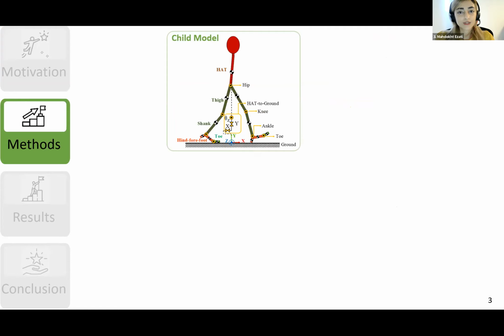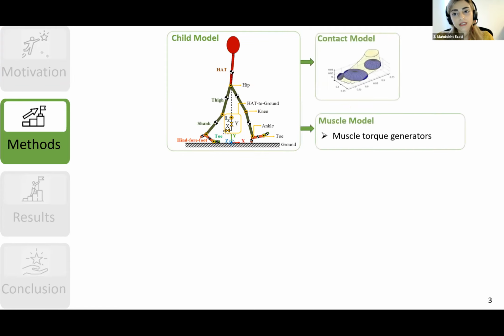So we developed a 2D 11 degree of freedom child model. And for the contact model, we used a 3D ellipsoidal volumetric foot-ground contact model. And for the muscle model, we used muscle torque generators that are much simpler than anatomically detailed muscle models, so they can fit to a specific subject more easily.